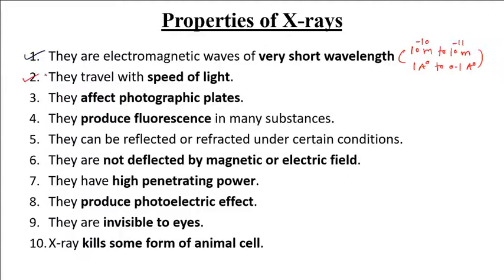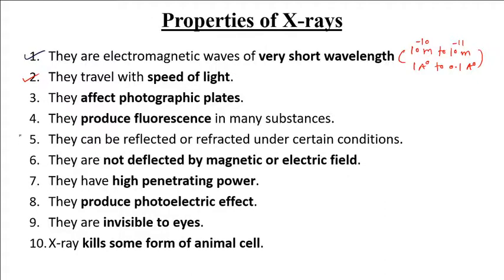Awesome. So the second one: since X-rays are a part of the electromagnetic spectrum, they travel with the speed of light. We know that the speed of electromagnetic waves is equal to the speed of light.